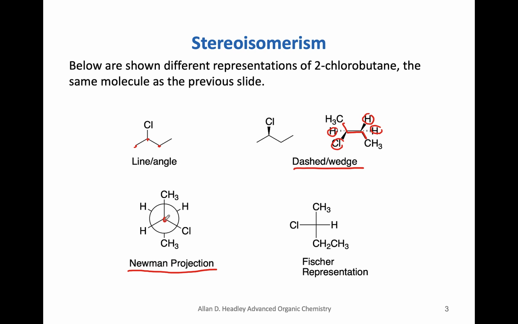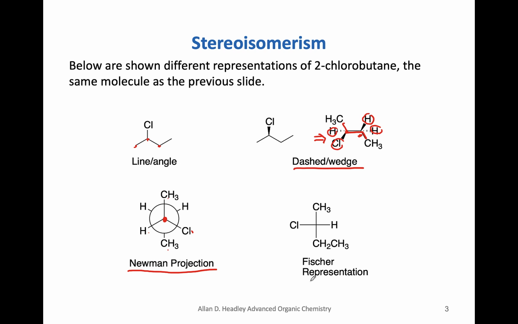This carbon in front has a chlorine, a methyl group, and a hydrogen. Could be this carbon here, looking down this direction now. And behind is the other carbon, which has on it a hydrogen, and a methyl, as shown here. So this is the Newman projection.